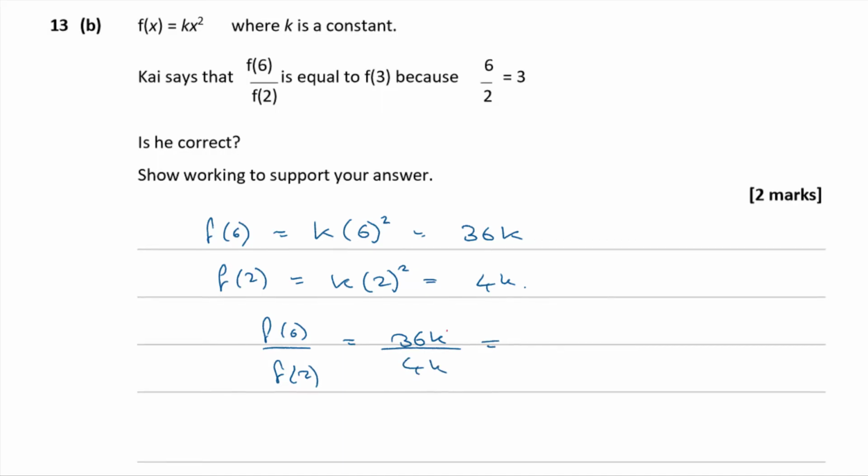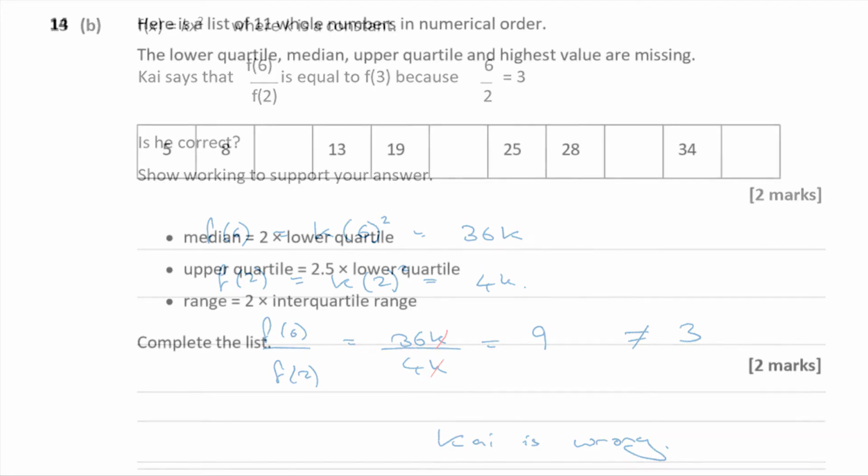So that's cancelling. 36 divided by 4, isn't that 9? So that's equal to 9. So is it equal to 3? No, that's not the same thing as 3, is it? Okay, so is he correct? No, he's not. Kai is wrong. Don't forget to answer the question. Kai is wrong.